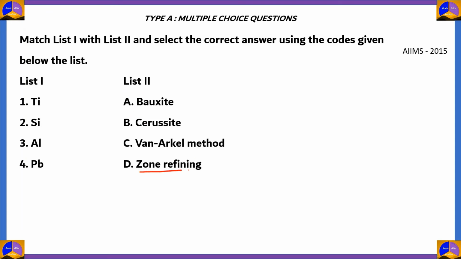We already know that zone refining is used for semiconductors. So therefore, 2 matches up with D. And for aluminum, the term bauxite is very common because aluminum has bauxite as its common ore.